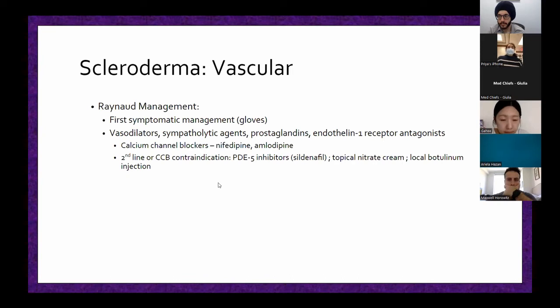Then we have to think about other options like PDE5 inhibitors, topical nitrate creams locally. Sometimes patients cannot tolerate or handle these medications. So we'll try local treatment, especially when there's distal digital ischemic involvement, and even botulinum toxin injection, which is why we often refer to our dermatology colleagues.